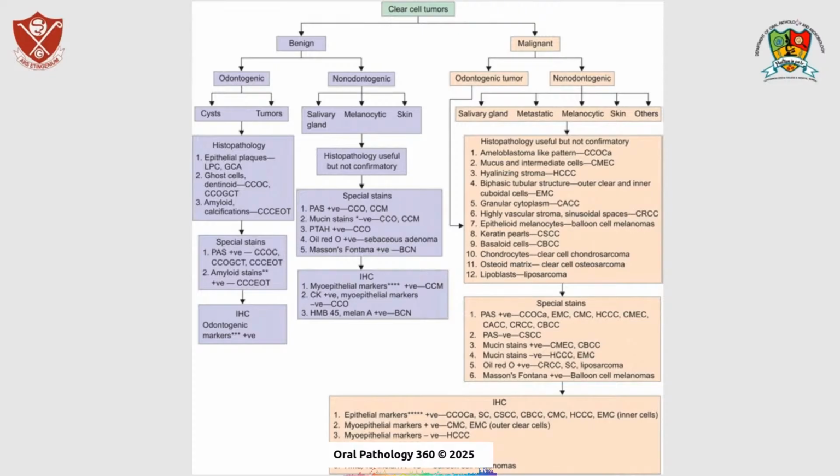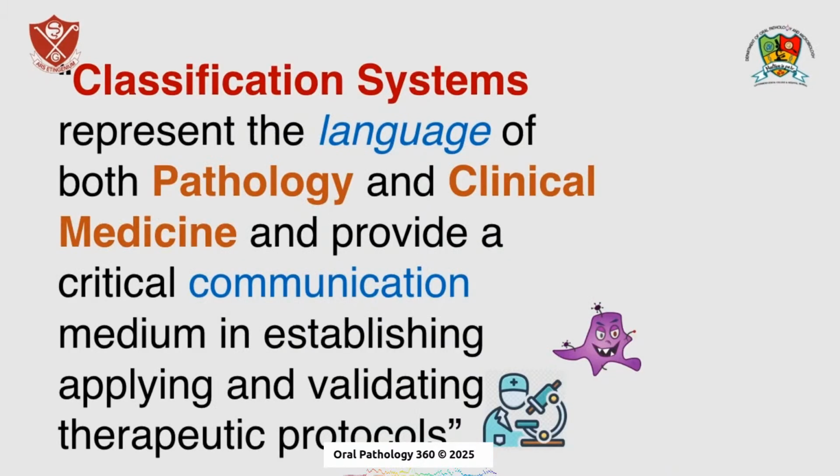And these clear cells may be either benign, they could be malignant, they could be odontogenic, they could be non-odontogenic, and a number of IHC markers need to be done in order to give a nomenclature and to classify it under a particular category. For that, classification systems are important.